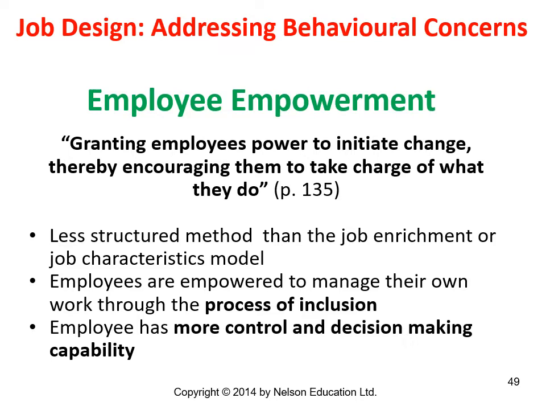But in this, employees are empowered to manage their own work through the process of inclusion. An employee has more control and decision-making capability overall. So in this model, we're really saying, how can we empower employees so that they have the ability to make more decisions and take more control of their day and of their work, which therefore will make them happier and more productive.